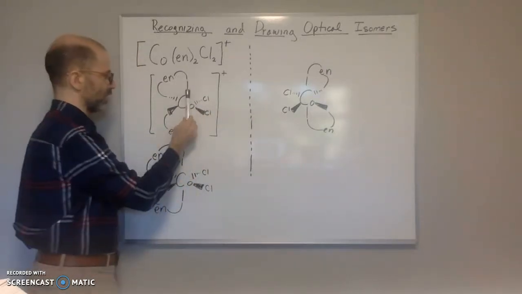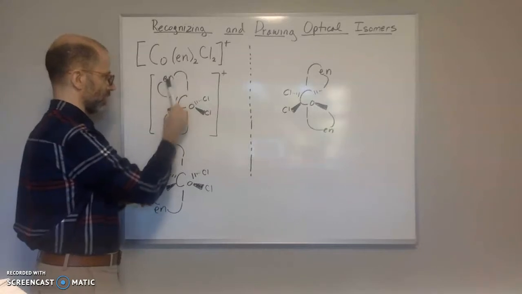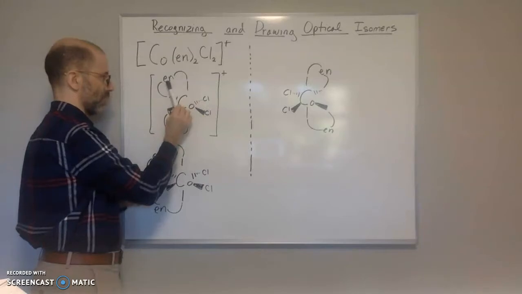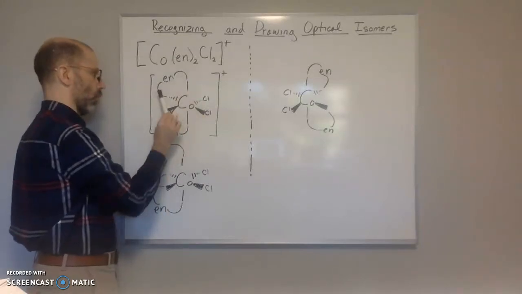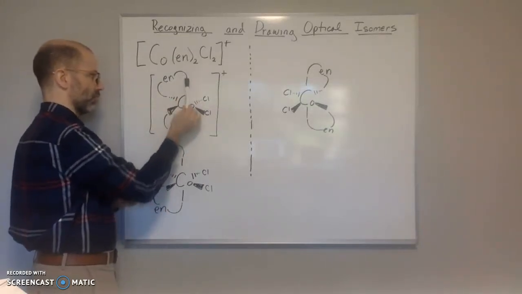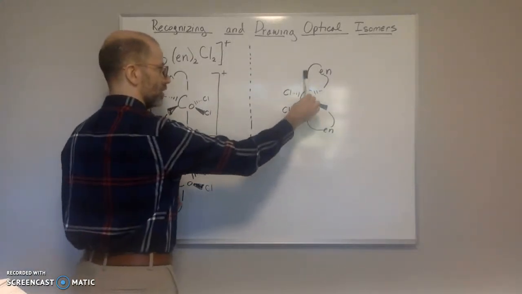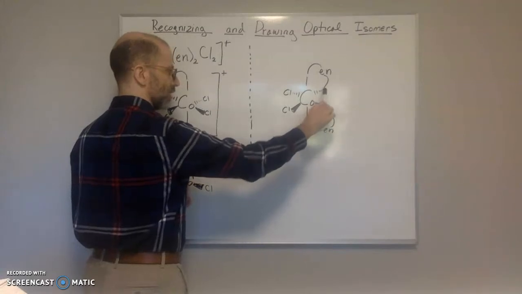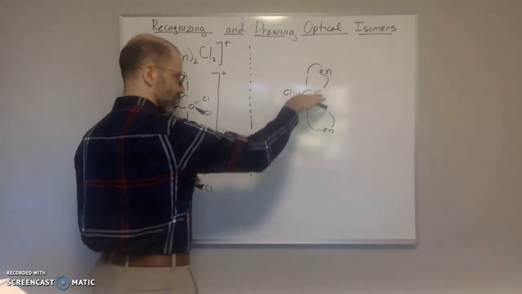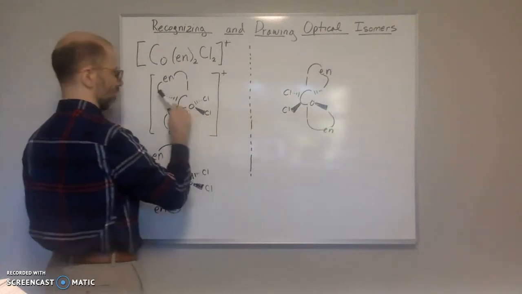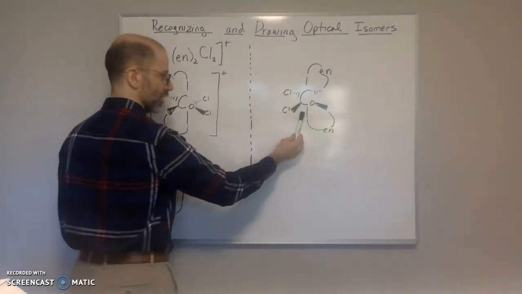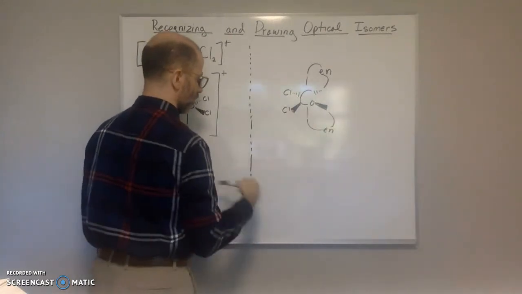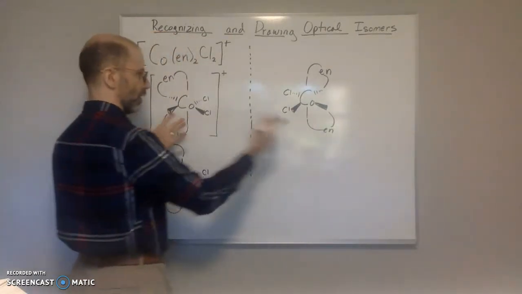We have the top part of the ethylene diamine connected from the top to the one going in the back. So this is binding top and towards the back here. This dashed line means going into the board. So you can see this is the mirror image of this. And here you can see the bottom is connected to the forward one, bottom to the forward. And so we have our two mirror images.